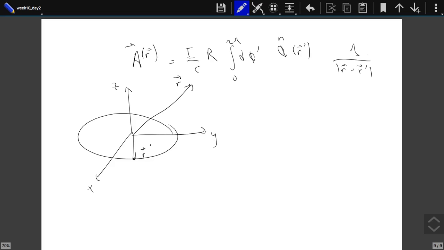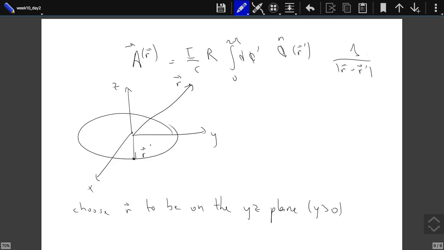The rest I can just obtain by rotation. Do you agree? Well, that's what I will do. I will just choose r to be on the yz plane, y larger than 0. For an arbitrary point, I can just obtain it by rotation.